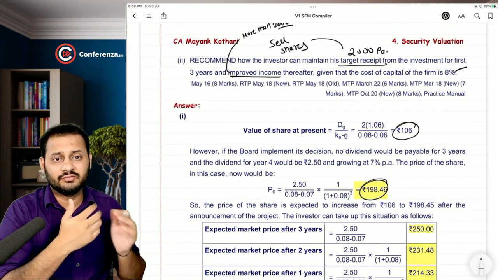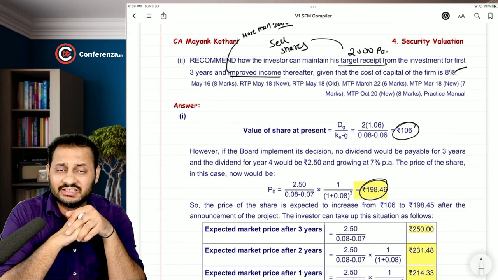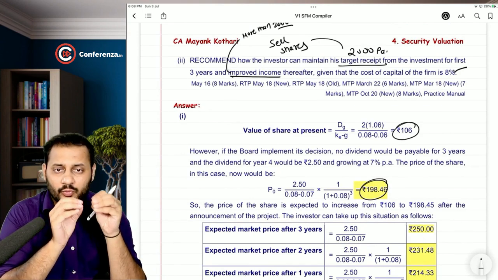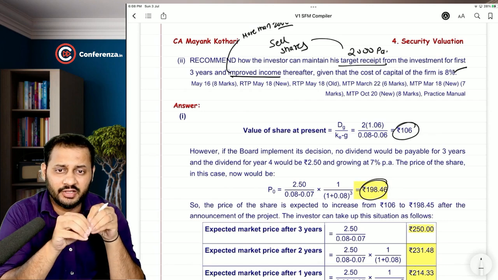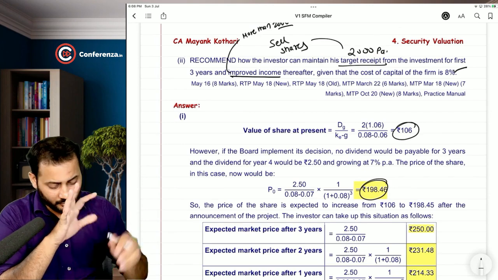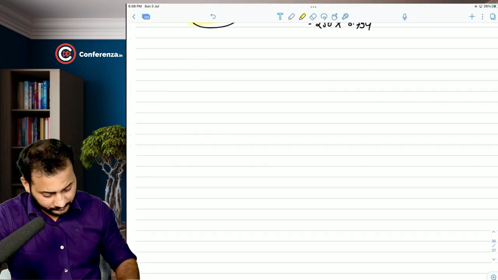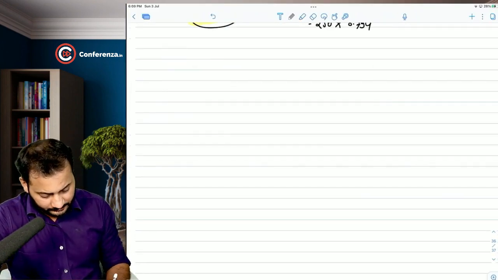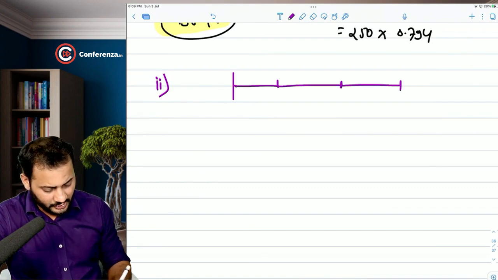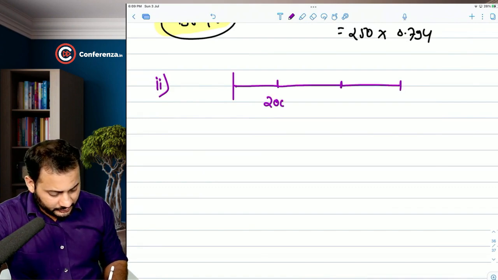Second answer is we need to tell them how many shares have to be sold every year so that an investor can get 2000 rupees. Now understand my point. Second part. First year, second year, third year. In all those 3 years, the investor needs 2000 rupees, right?